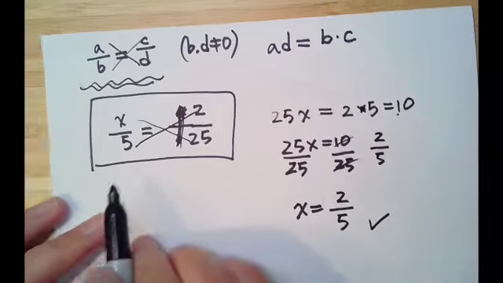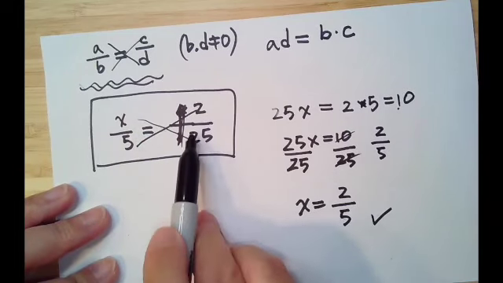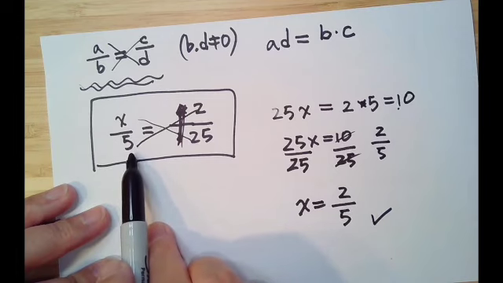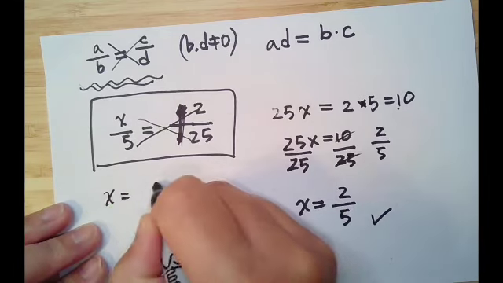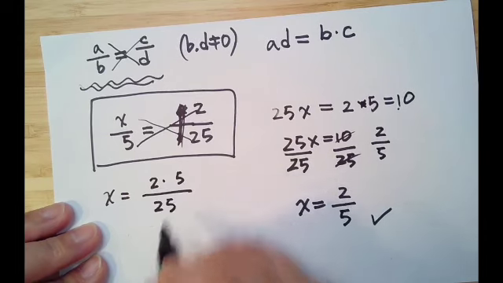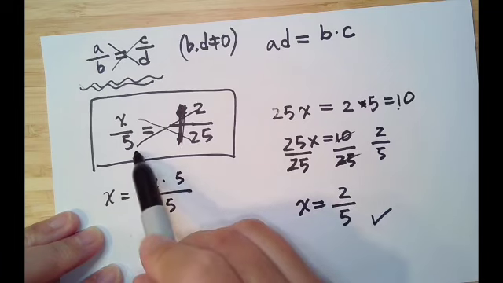And of course, just like we learned earlier, you have x over 5 equals 2 over 25. This is x divided by 5, and then we perform the inverse operation, which means we multiply by 5. So you're going to have x equals 2 times 5 over 25, right? This is 2 over 25, and you multiply by 5.